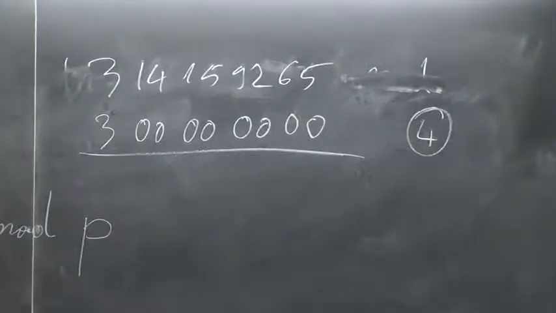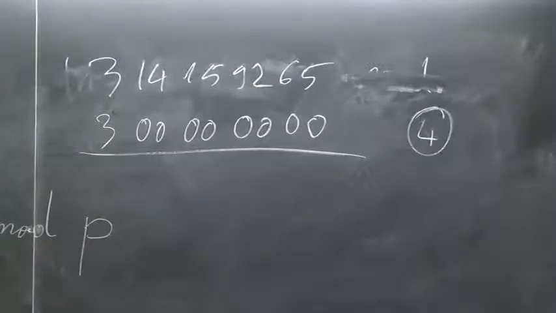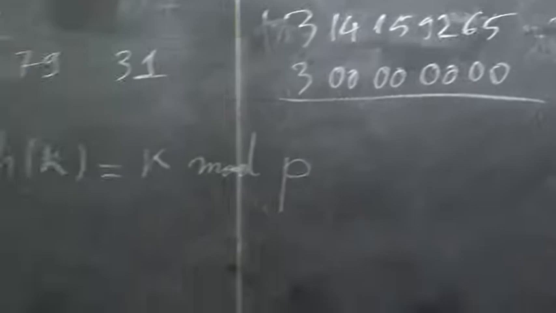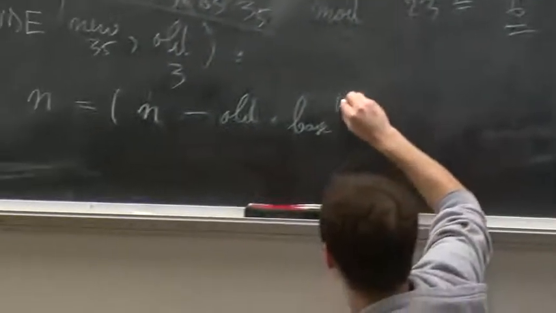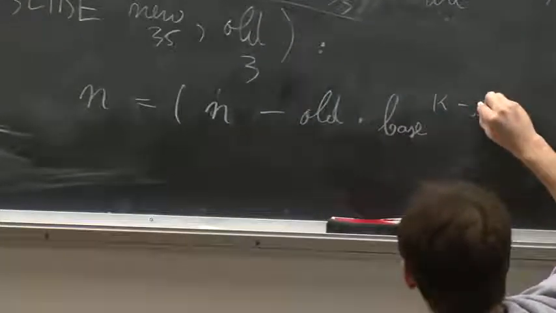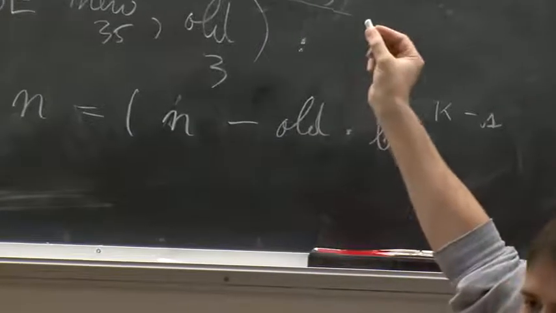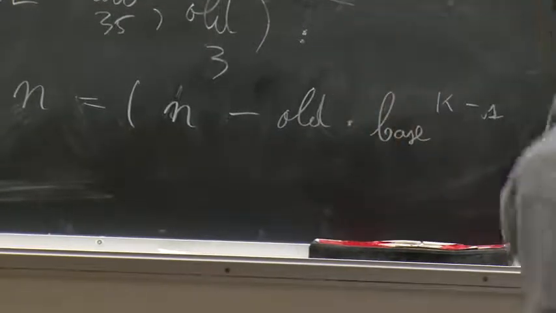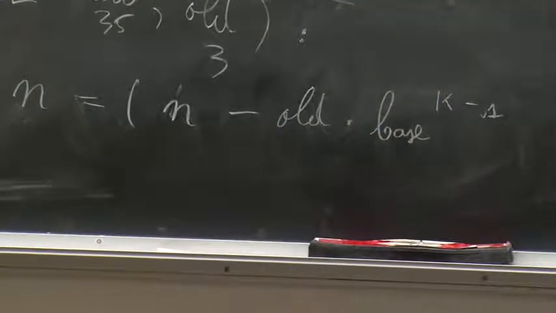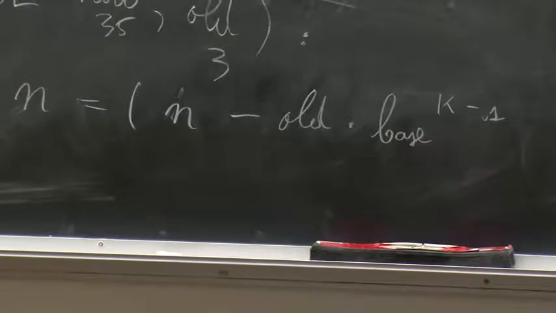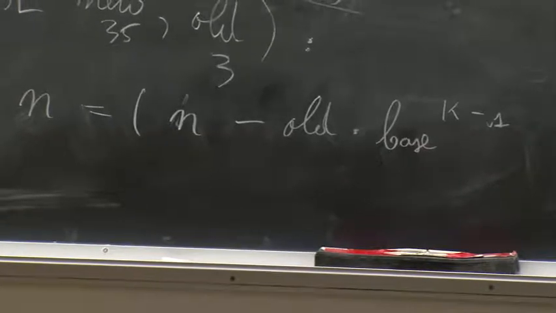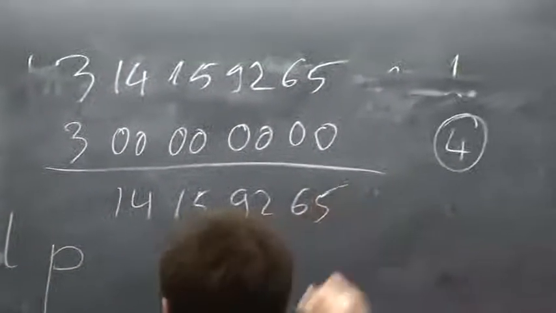Base to the size to something. K minus 1. So k is 5 in this case, right? My window is 5. And I see a 4 there, so I'm going to add the minus 1, just because that's what I need to do. Okay, so then I get 1, 4, 1, 5, 9, 2, 6, 5.